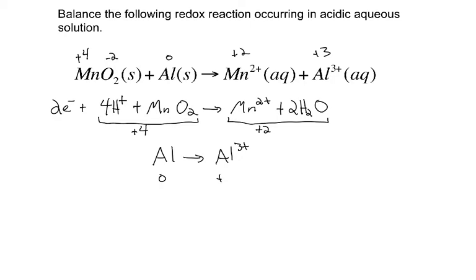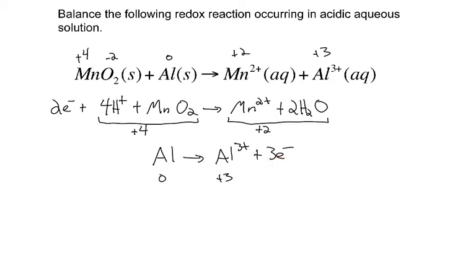It's +3 on the product side, so I'll need to add 3 electrons to balance the charge. And if you notice, when I added the electrons in the reduction half reaction, they're on the reactant side. In the oxidation half reaction, they're on the product side. That will always be the case. The electrons have to be on different sides of the 2 half reactions.